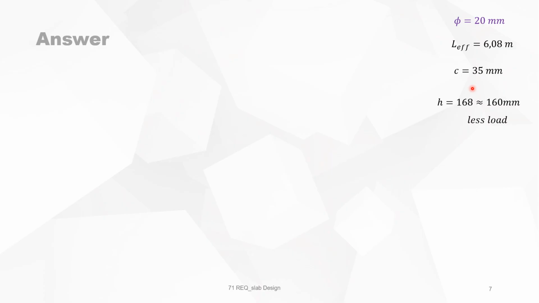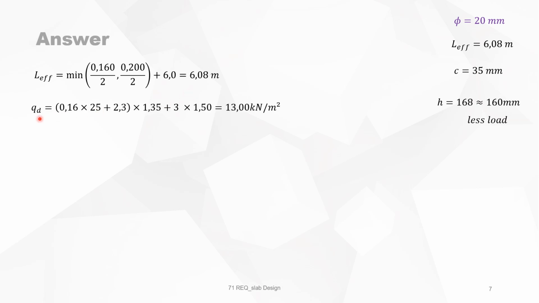We round, we make the depth of the slab where we'll start with equal to 160. So for this slab depth, the effective span is then 6.08. The total load is then 13 kilonewton per square meter.